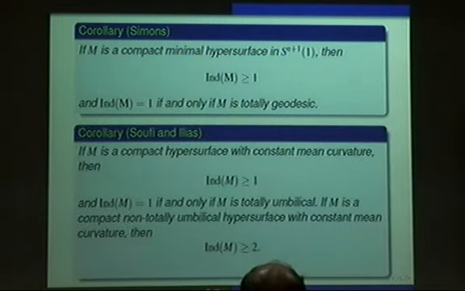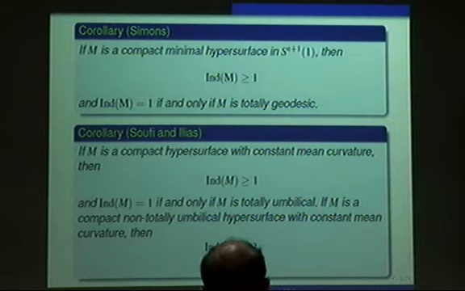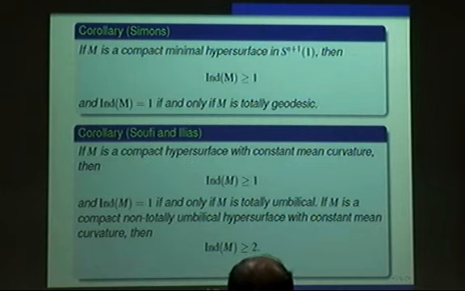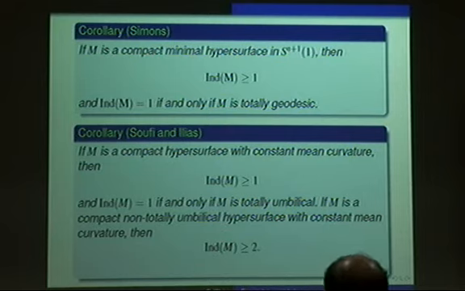The second one, due to Sophie and Alias: if M is a compact hypersurface with constant mean curvature, then the index is greater than or equal to 1, and the index is equal to 1 if and only if M is totally umbilical. If M is a compact non-totally umbilical hypersurface with constant mean curvature, then the index of M is greater than or equal to 2.